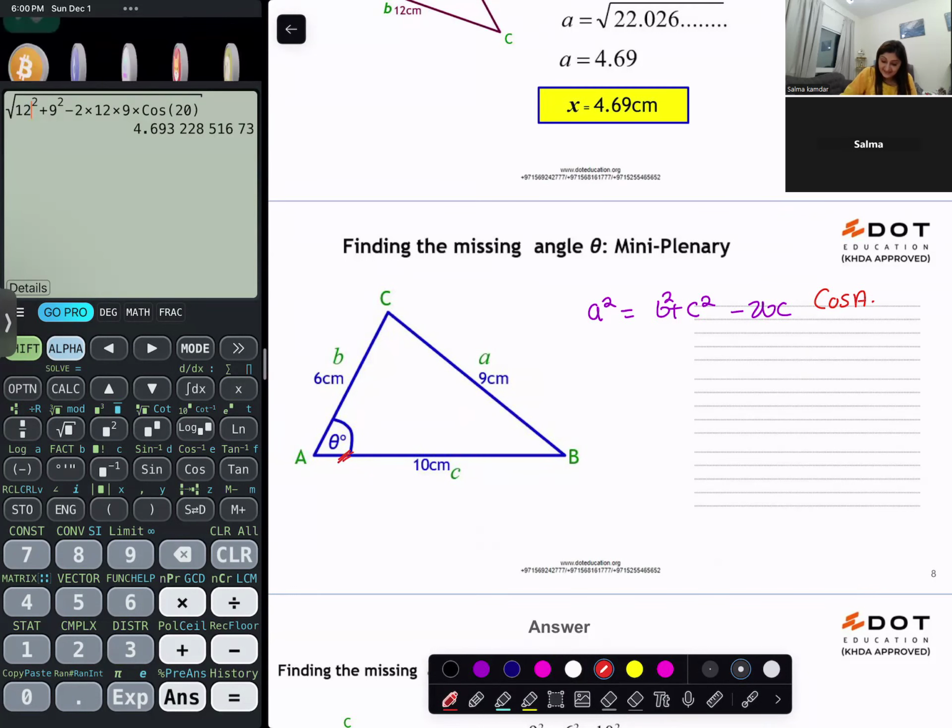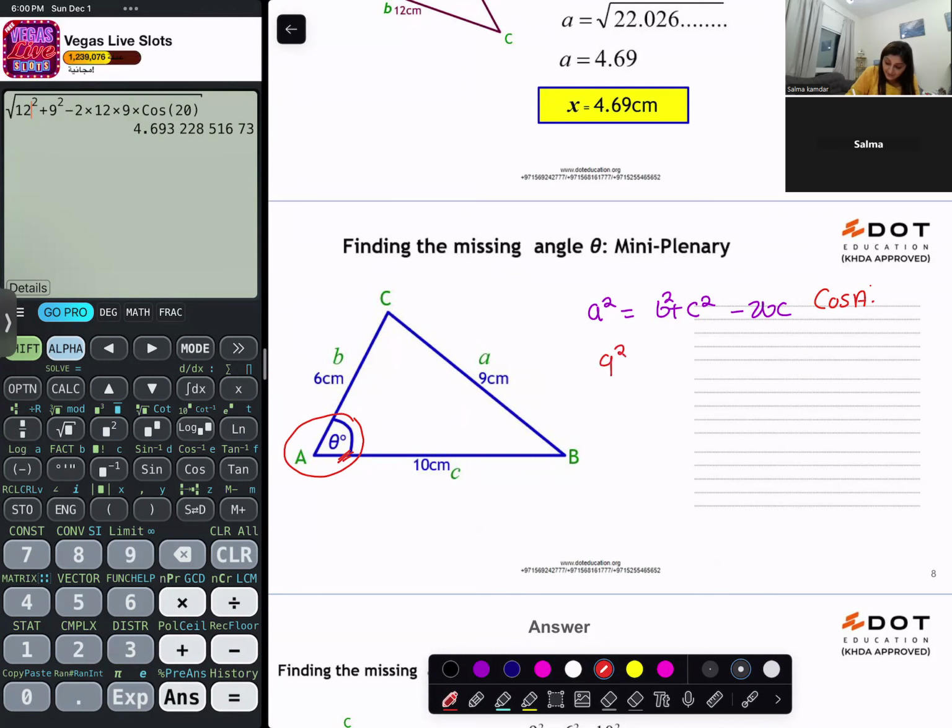I have to find my theta, and my theta was the angle A. So I am going to just substitute the values: 9 square is equal to 6 square plus 10 square minus 2 into 6 into 10 cos A.